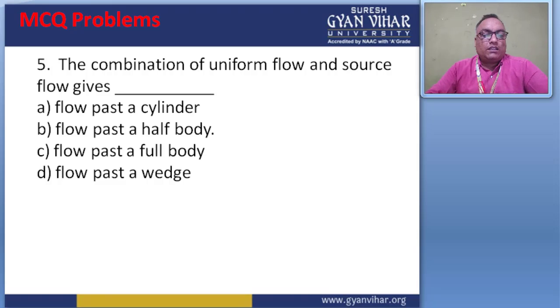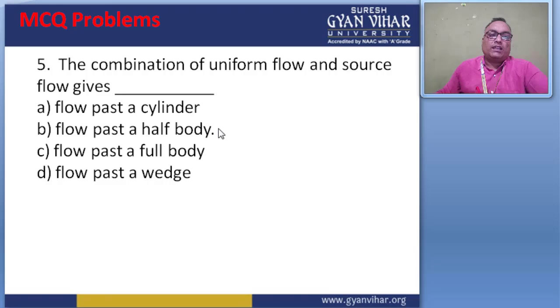The combination of uniform flow and the source flow gives: flow past a cylinder, flow past a half body, flow past a full body, or flow past a wedge.